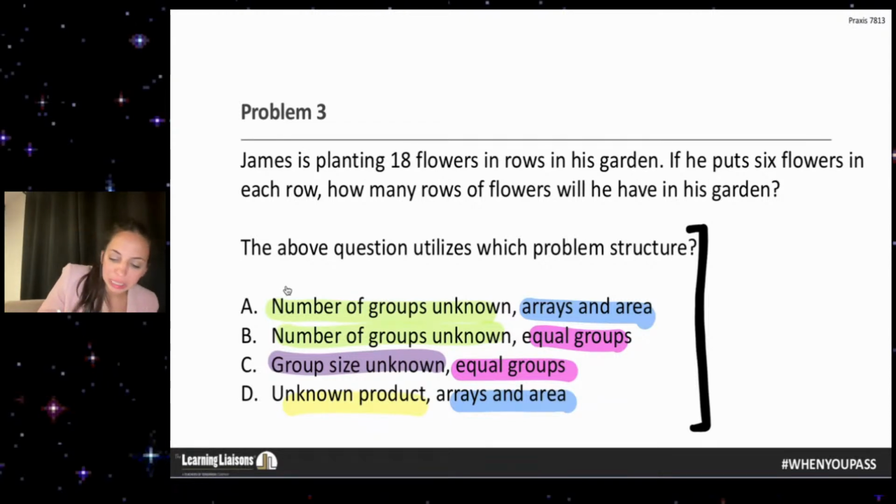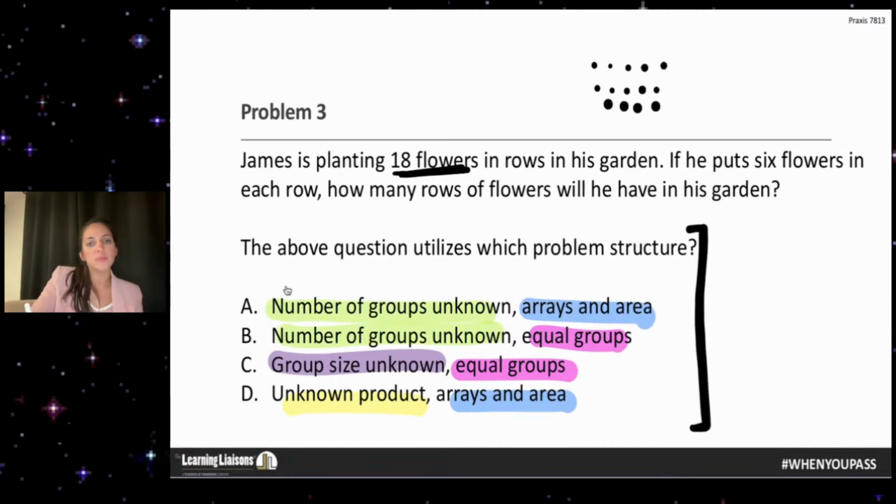He is planting 18 flowers in his garden in rows, which means, am I doing equal groups or am I doing arrays and area? In this situation, I am doing equal groups.